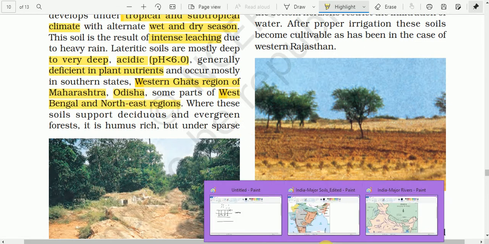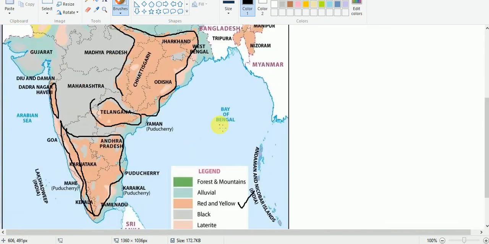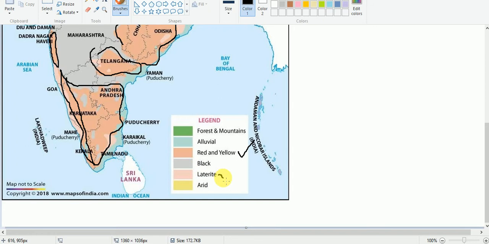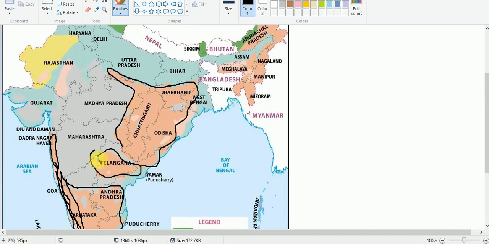So when we look at the map of India showing the soil types of India and see this color code, this color represents laterite soils, and you'll find patches here in the Western Ghats. In the Western Ghats we find laterite soils, and here in patches in Tamil Nadu, then Karnataka, the Telangana area, and here in Chhattisgarh and Orissa, you will find some in patches.